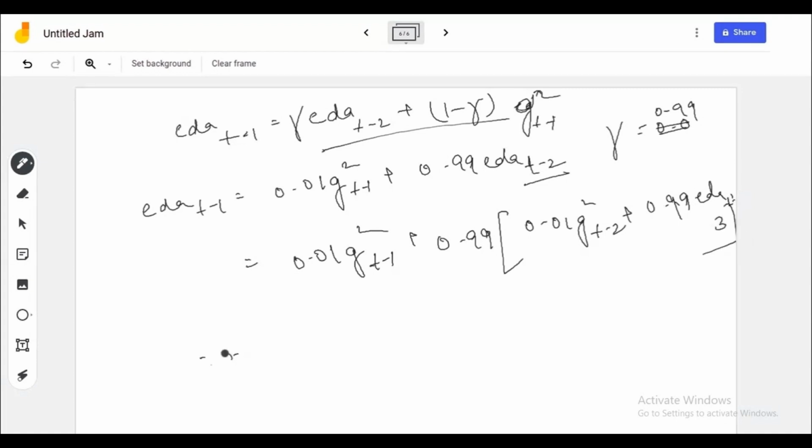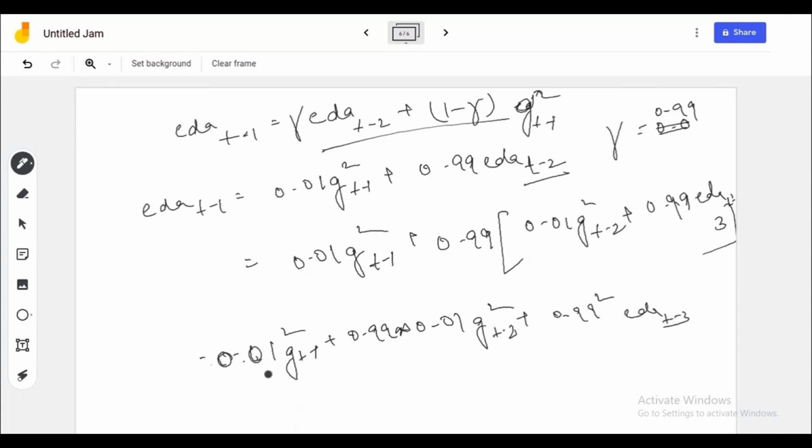So this will be equal to 0.01 of g t minus 1 square plus 0.99 into 0.01 of g t minus 2 square plus 0.99 square of EDA t minus 3.